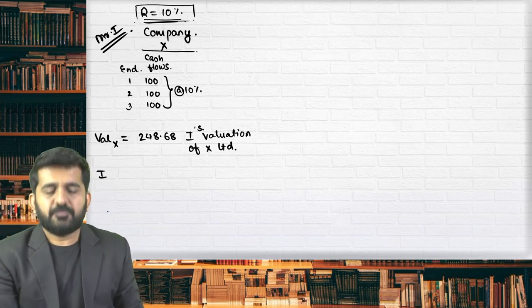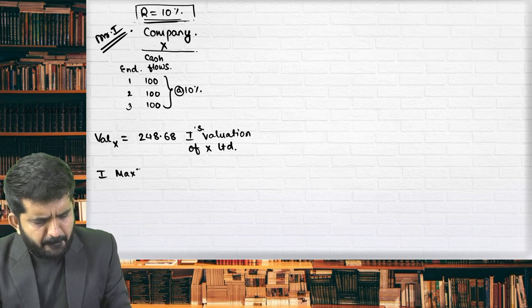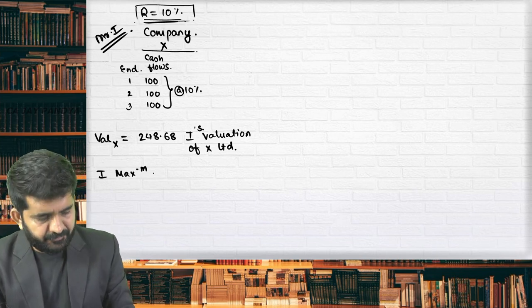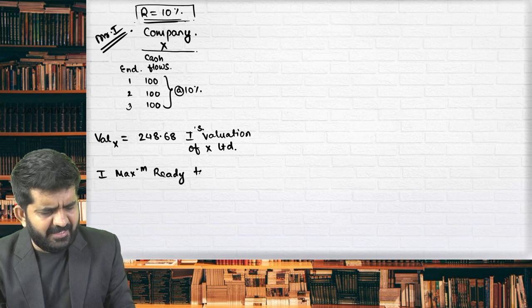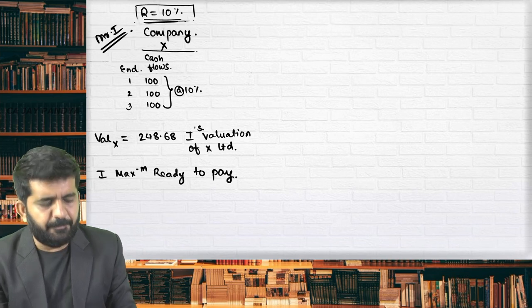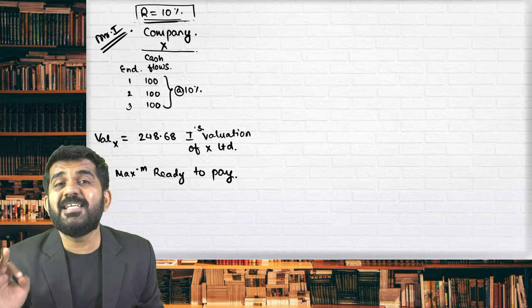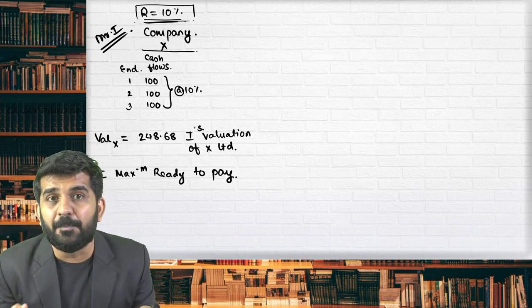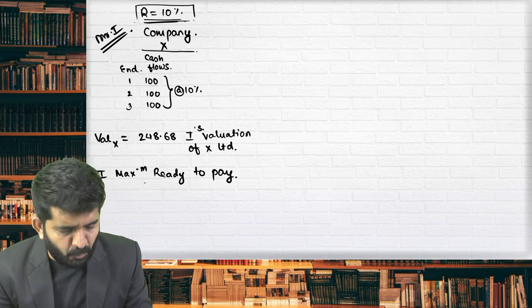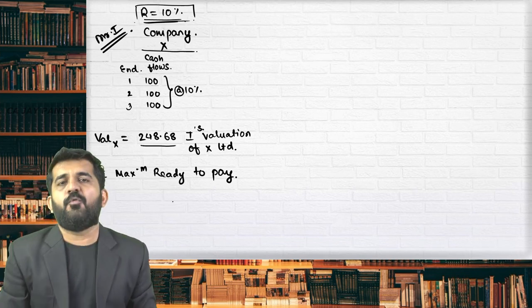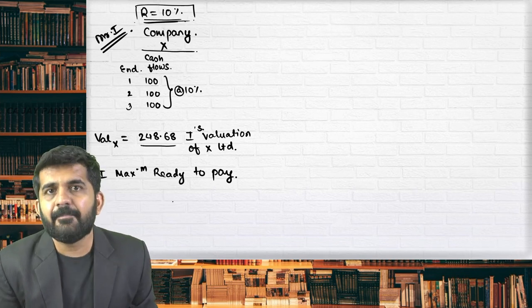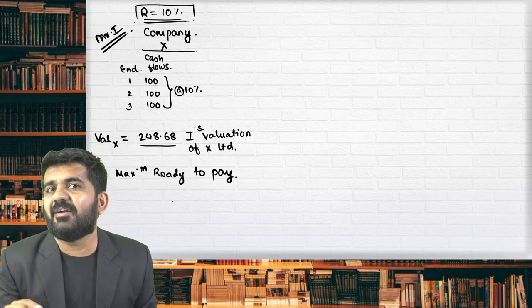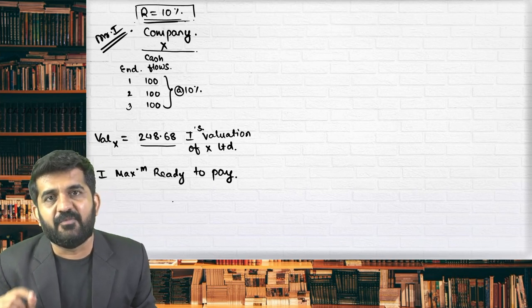Try to understand, this is the maximum price Mr. I is ready to pay. If he pays more than this amount, 248.68, then he will not be earning 10% from his investment.